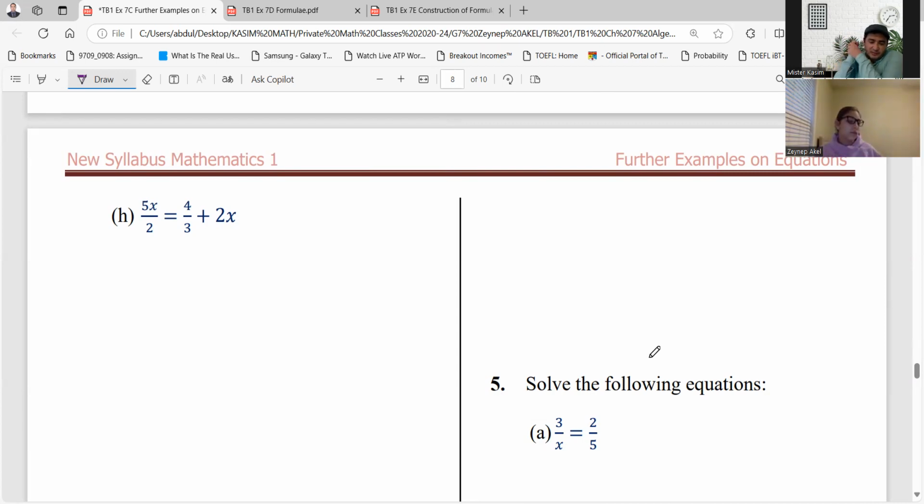Move this 2x to the left-hand side. And here we have 5 over 2 minus 2, right? And move the fraction to the right-hand side. That's it.